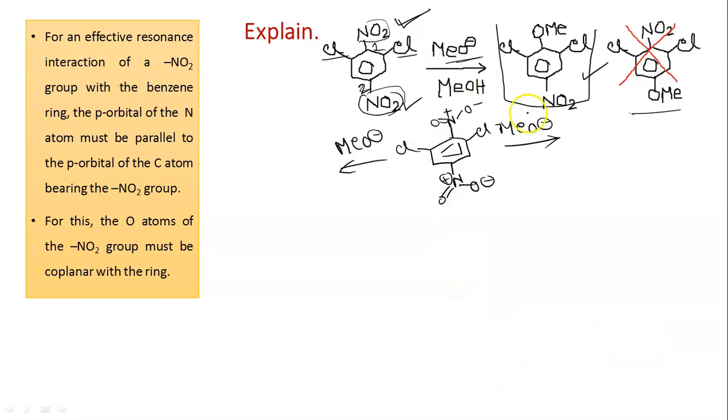So suppose the attack is at 1 NO2, that is this NO2, then what will we get? The double bond will be shifted. So this is the structure.